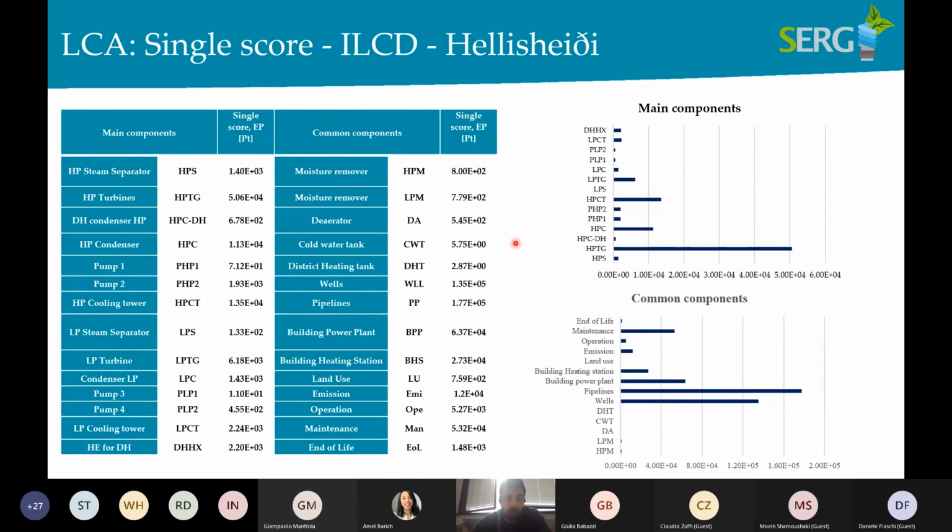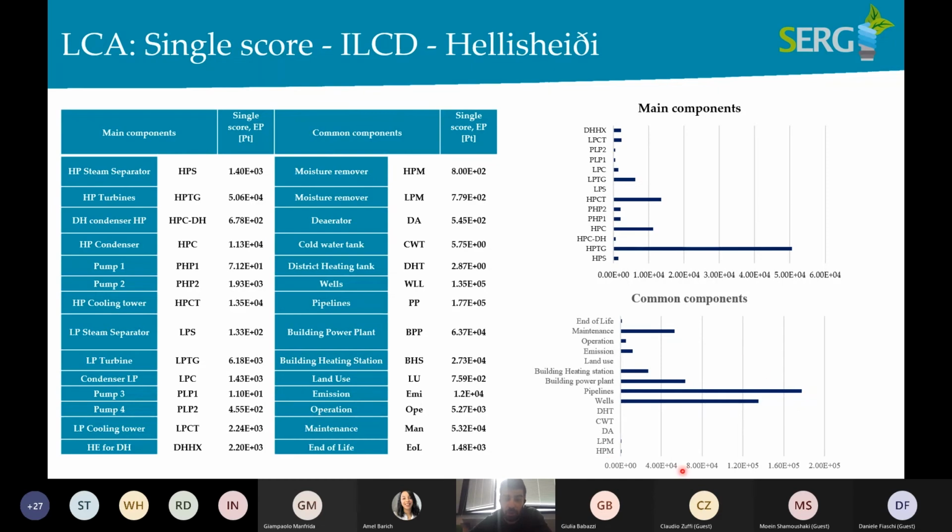Particularly, we found two sets of components: the main components, the ones that were simulated within the thermodynamic environment, in this case Engineering Equation Solver, and then the common components, such as end-of-life, maintenance, or emissions, which are not directly linked to a single component, but whose contribution from an environmental point of view is quite high.